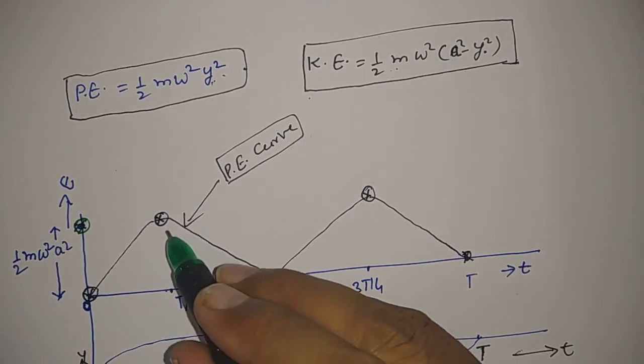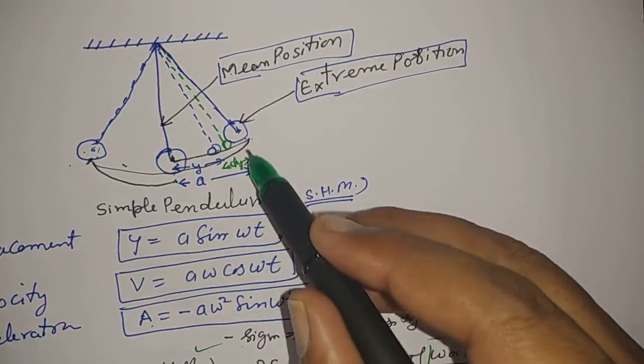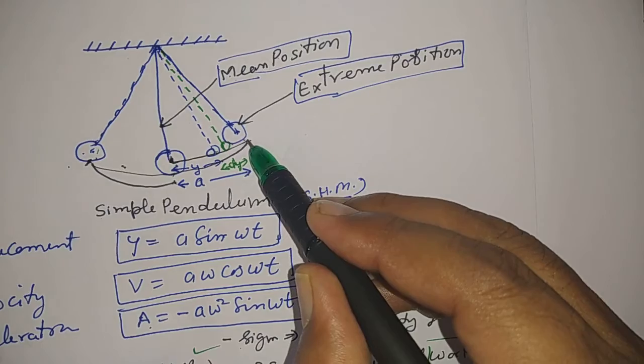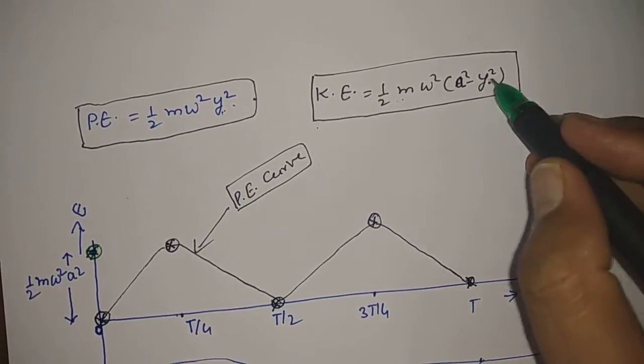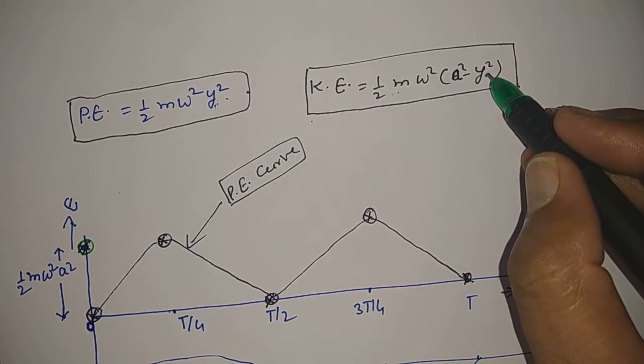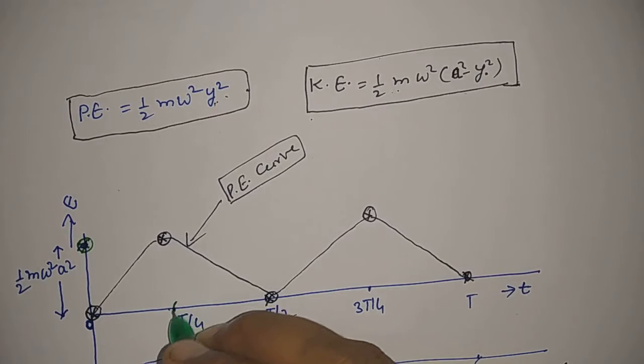Now at t by 4, we are going to see the kinetic energy. Velocity is 0, kinetic energy is 0. Displacement y is equal to a, so a square minus a square is 0.